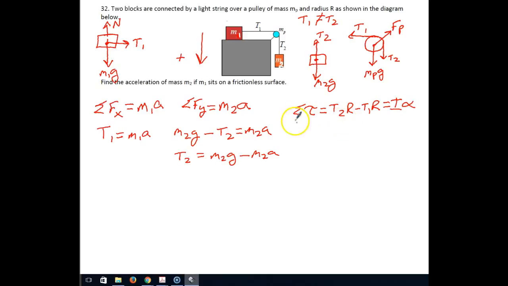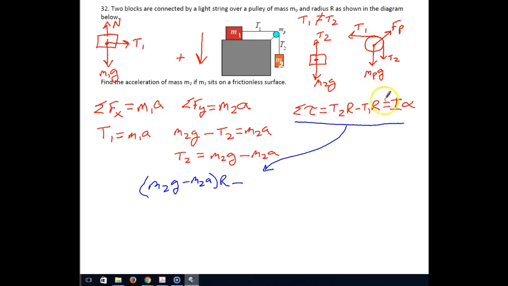Now we're going to use this equation, and I'm going to switch colors here. We're going to take this equation and flesh it out right here. So let's start with T2 times R. T2 from what we had here is this guy, so this is m2g minus m2a, and then we multiply that times the radius of the pulley.